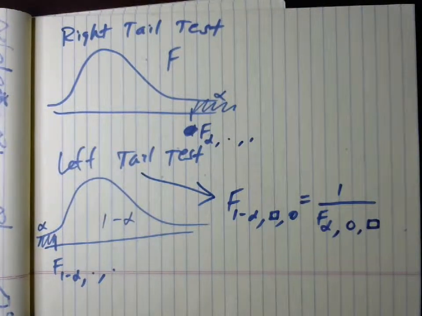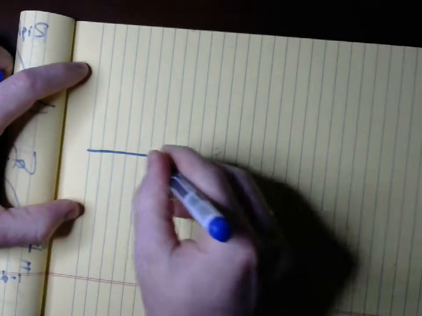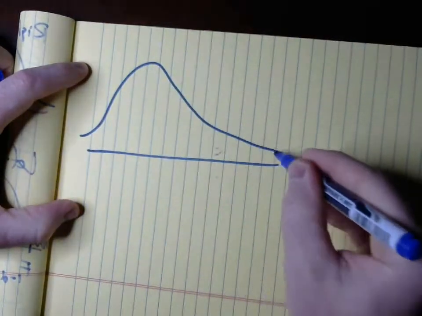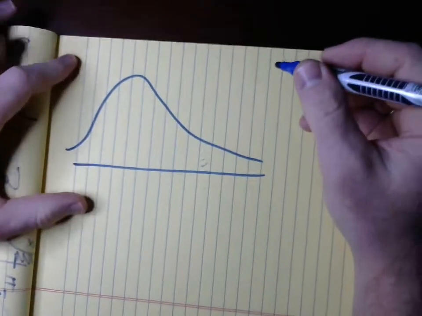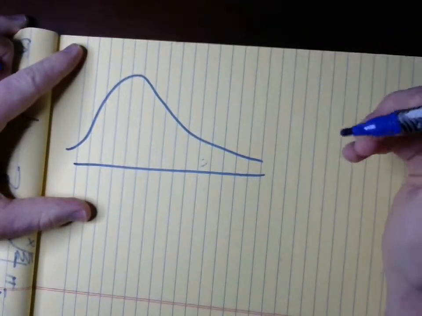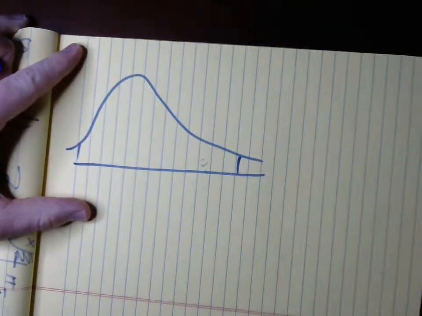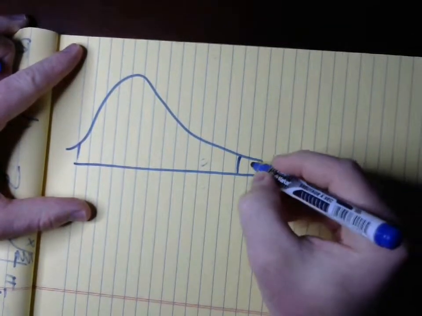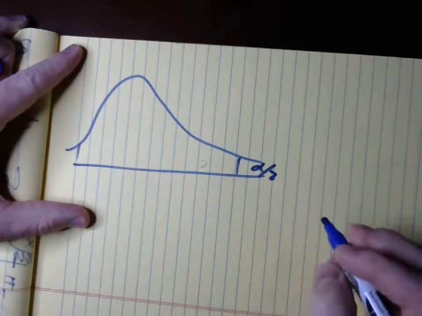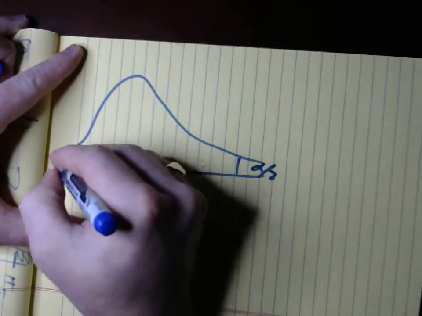Okay? And then for a two tail test, I'll actually show you on the next page for the heck of it. Like always before, if you're doing a two tail test, we want to do alpha divided by 2 because we want to separate alpha into two separate tails. So we would be dealing with alpha over 2 and then alpha over 2.